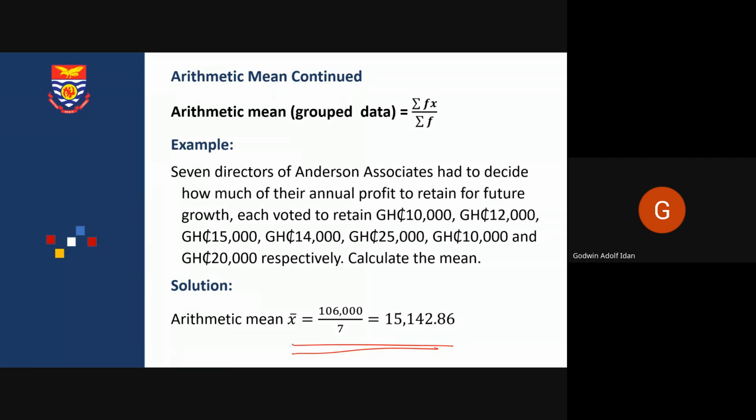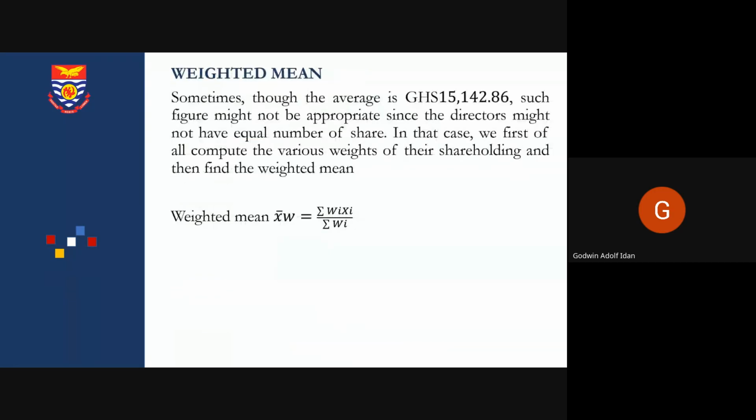Now, there are other situations where we want to get the weighted mean. The weighted mean is simply saying that we cannot mainly rely on the arithmetic mean sometimes, especially when the contributions of these individuals are not the same.